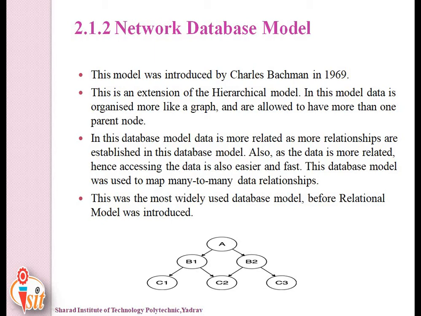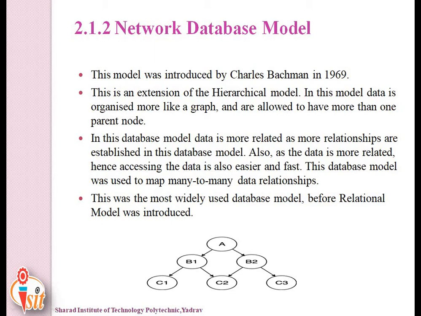It was the most popular model before the relational model. This model is the same as the hierarchical model. The only difference is that a record can have more than one parent. It replaces the hierarchical tree with a graph. Here you can see how the network model works.